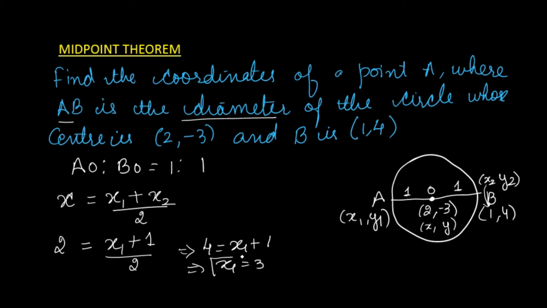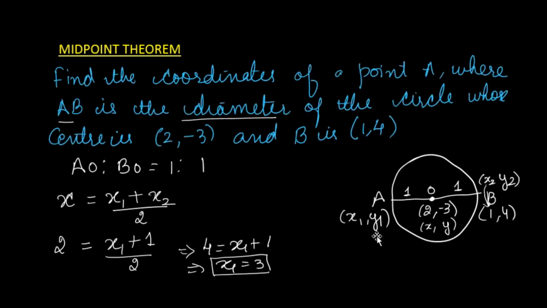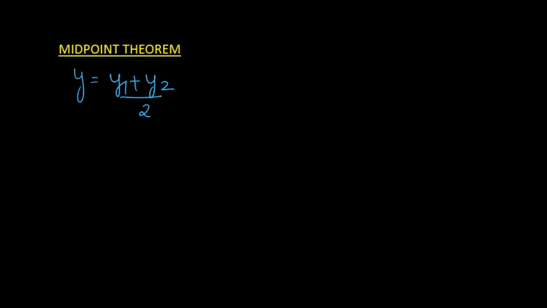So we have figured out the x coordinate of point A, which is one of the endpoints of the line divided by point O in the ratio 1:1. Similarly, let us find the y coordinate. We know that the y coordinate is y1 plus y2 by 2. Y2 is 4 and y is -3. Let us substitute the values here.